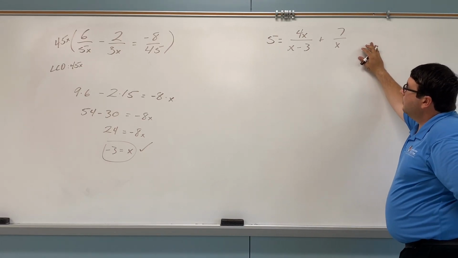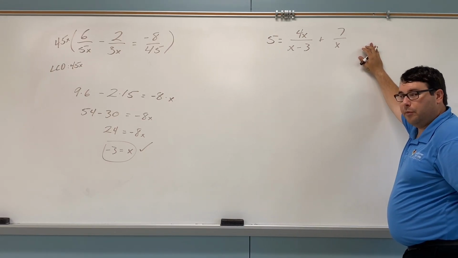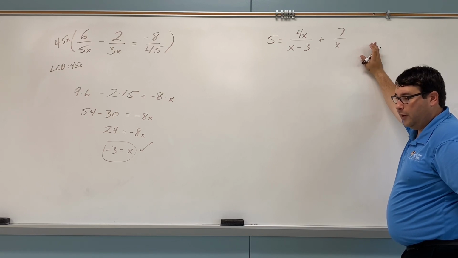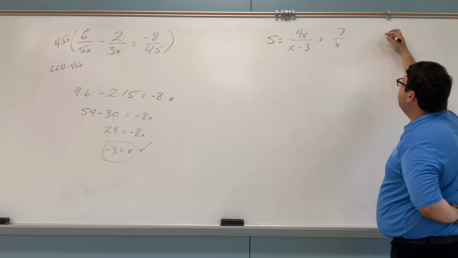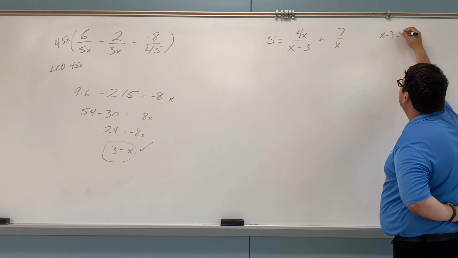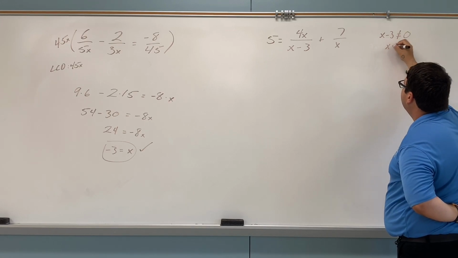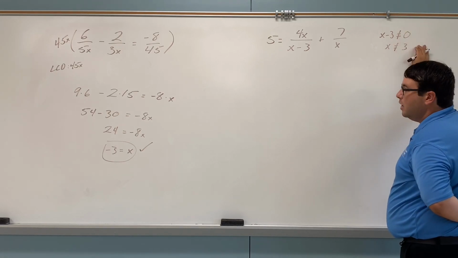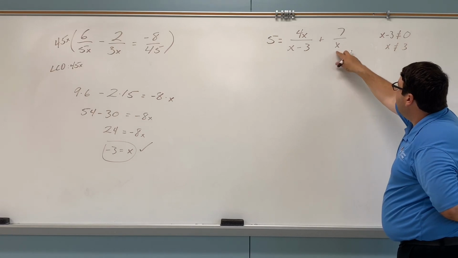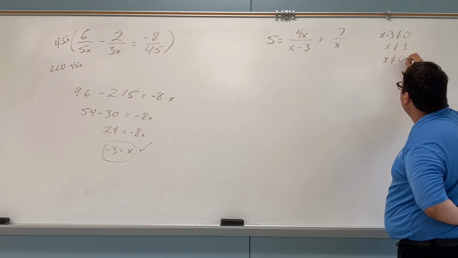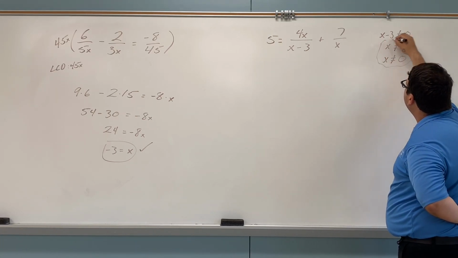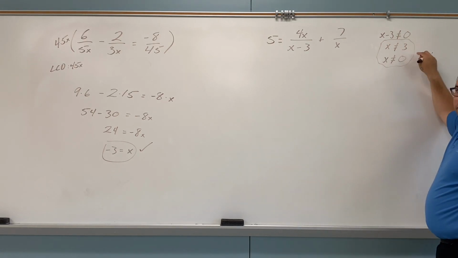So at this point, I have x's in multiple places. We're going to go ahead and get our domains. So I see that x minus 3 cannot be 0, which means x cannot be 3. And I see x cannot be 0. So I've got 2 values that I have to check against. So keep that in mind.